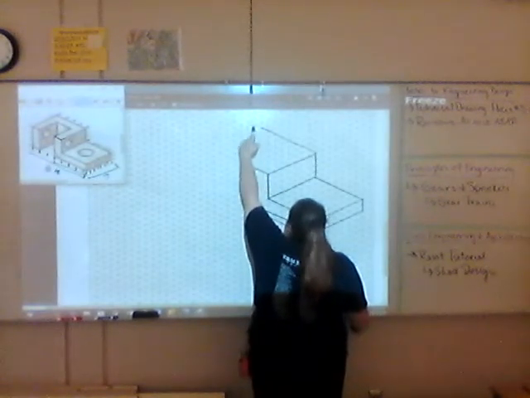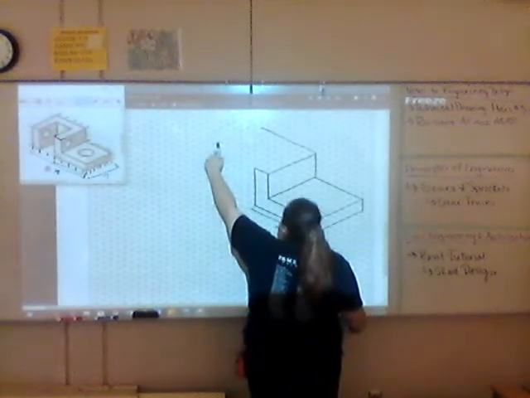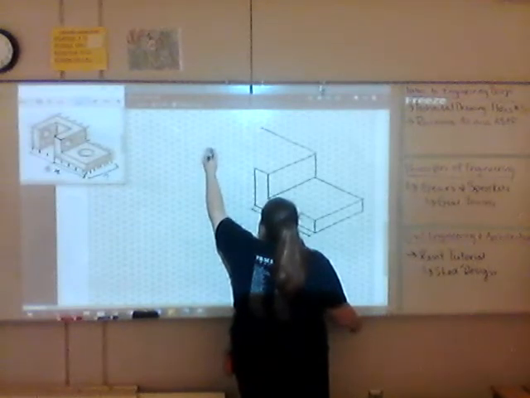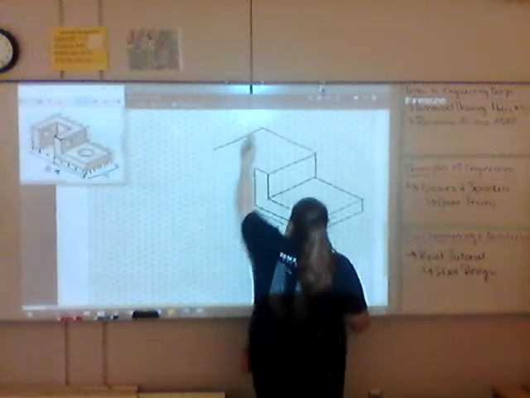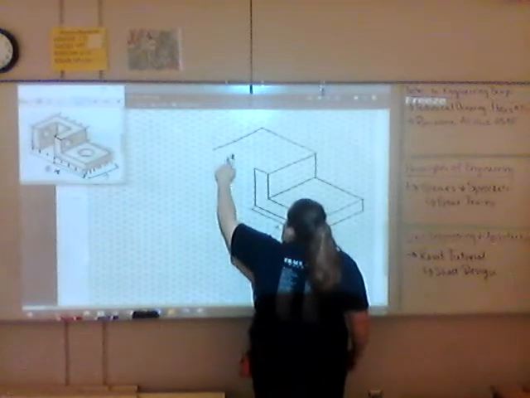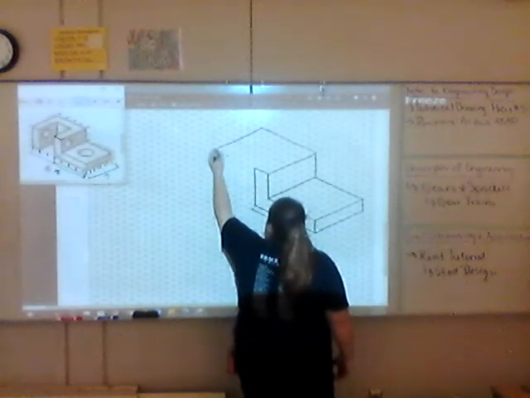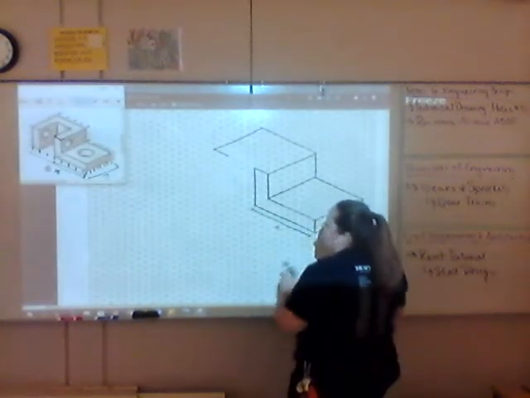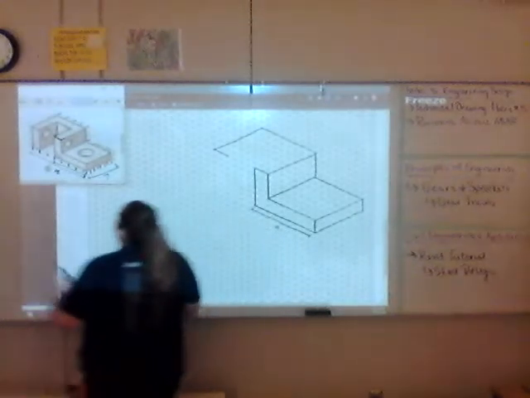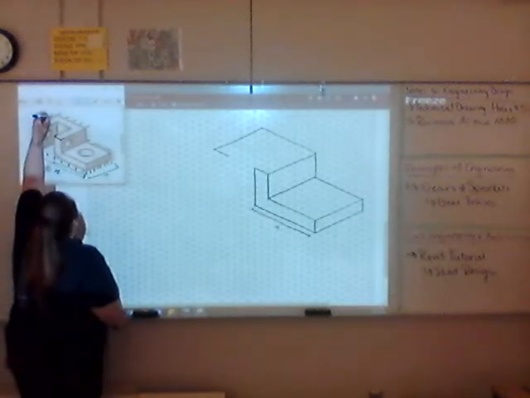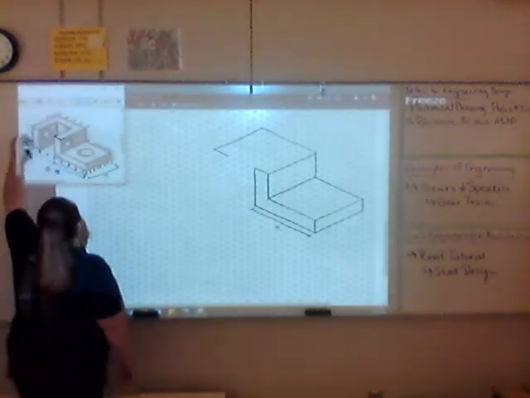So that's 1, 2, 3, 4, 5, 6, 7 to right here on the outside. Then we can see that this is also 2 right here. So we got that. Then we can see that we have a space of 2 right here.